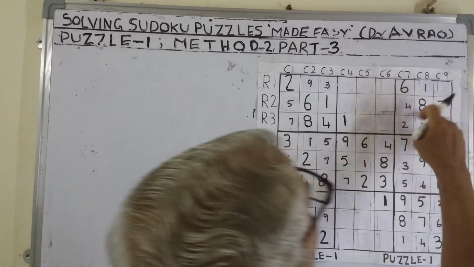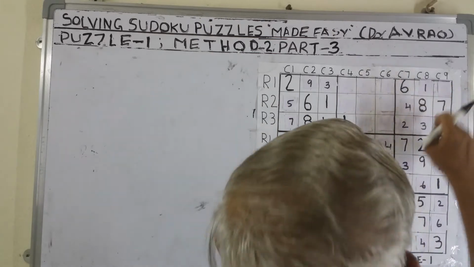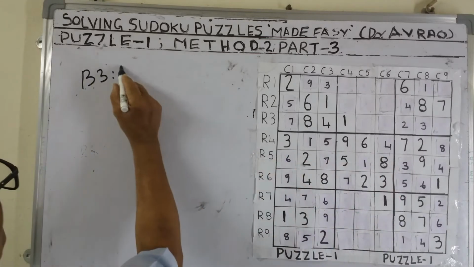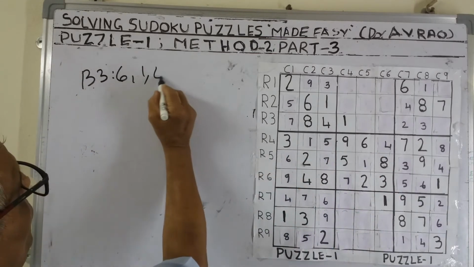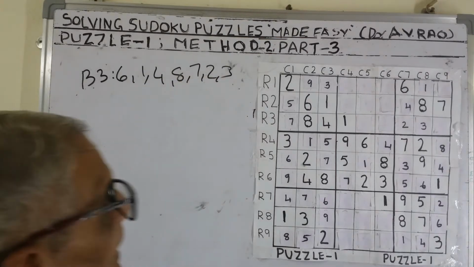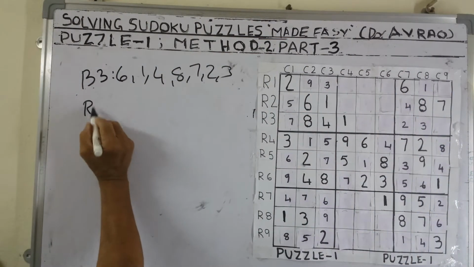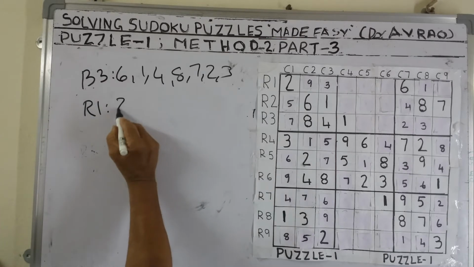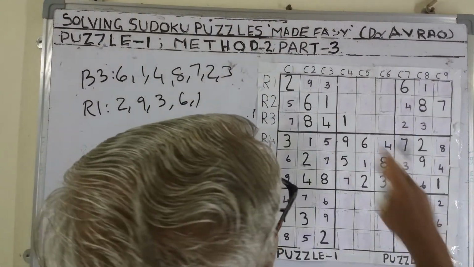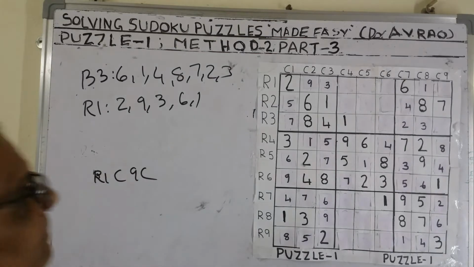Now coming to this box, it also has only 2 cells, so let us fill it up first. So box 3, B3, what are these? 6, 1, 4, 8, 7, 2 and 3. These are the numbers. Let us take row R1: 2, 9, 3, 6 and 1. We have to fill up the R1 C9 cell.